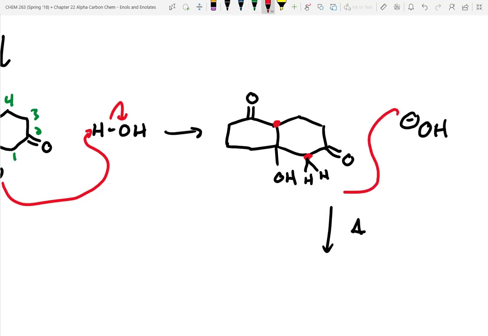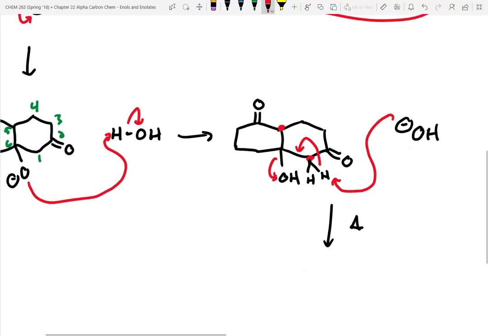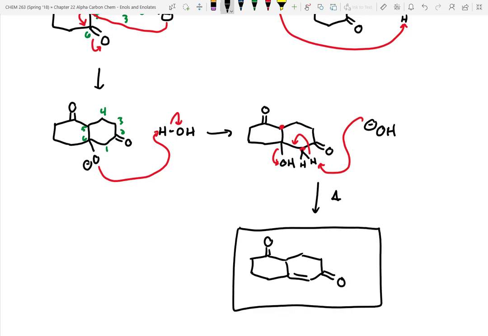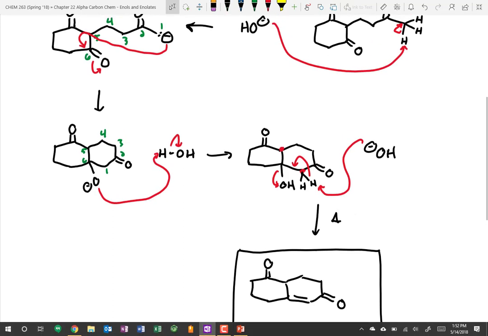So I'm going to swing around, grab this one, clamp down, eject off hydroxide. Oops. And now we've got our alpha beta unsaturated ketone, which is our condensation product.